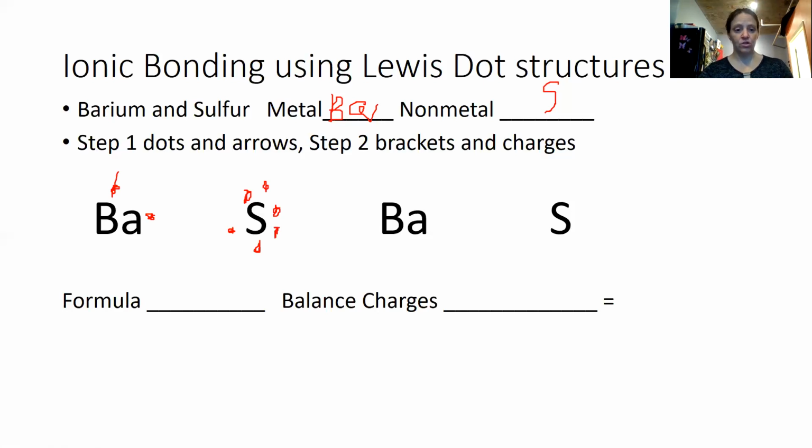Okay, this leaves 2 spots for these 2 electrons to transfer in. All right, so now we're going to show the transferring of the 2 electrons with our arrows and X's. So we'll transfer these in. X here. Transfer this in.